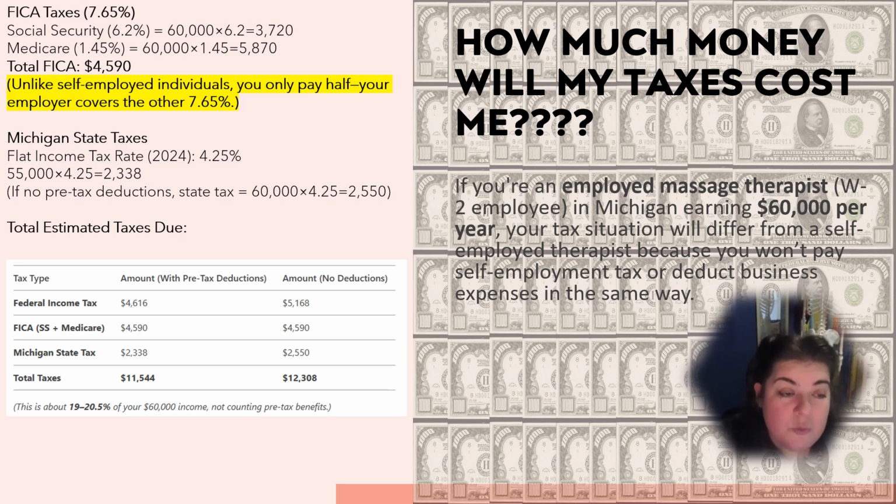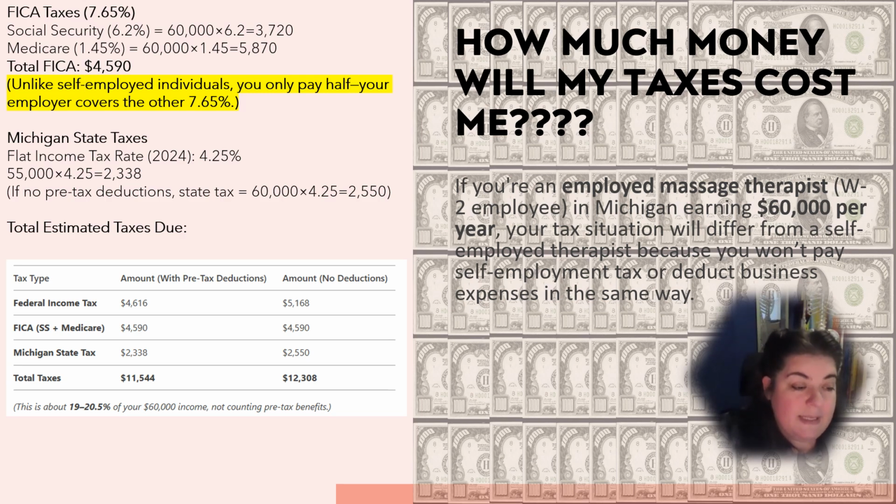If you don't pay that $5,000 in, you're going to end up paying a little over $2,500. It's only a $200 difference, not nearly as steep as the federal tax income, but it does help you a little bit at the end of the year.